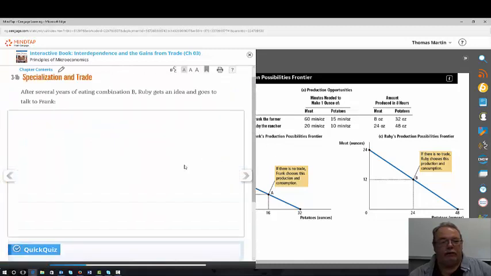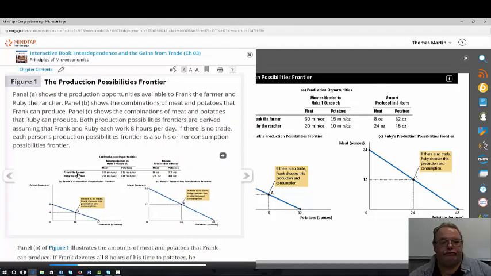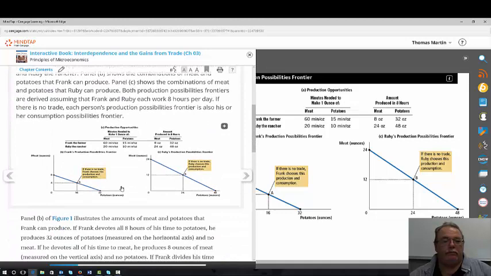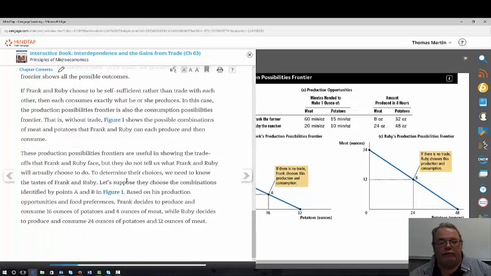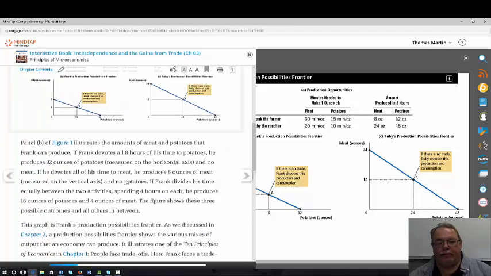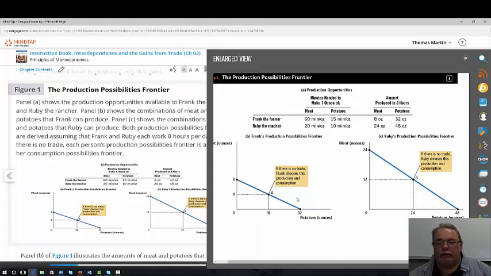Let me go back one more. That graph is based on no trade. There's no interaction between the two parties.